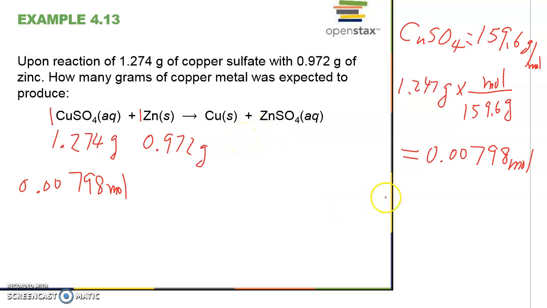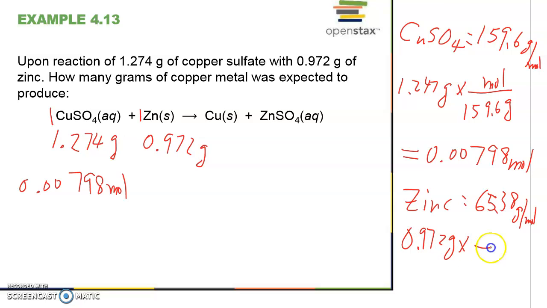Now let's look at the zinc. The atomic weight for zinc is 65.38 grams per mole. Now I have 0.972 grams, multiplied by, I want to cancel out the gram, so I put the gram in the bottom, 65.38 grams per mole.